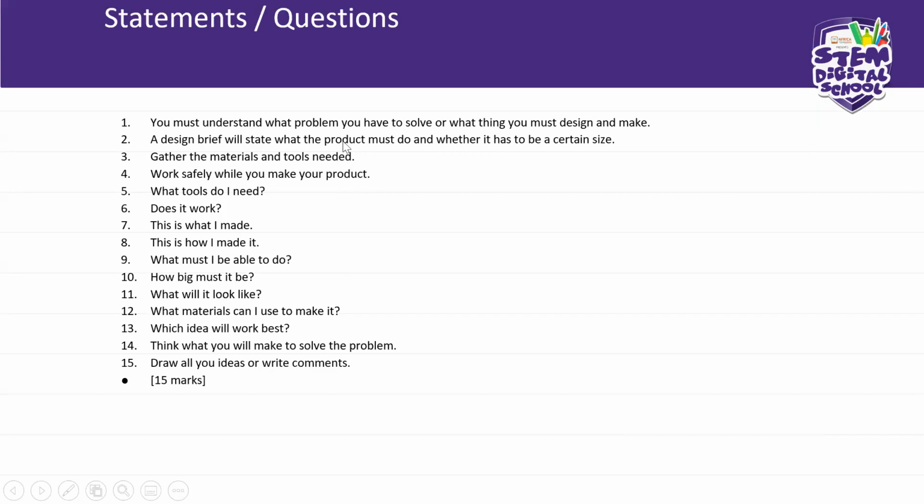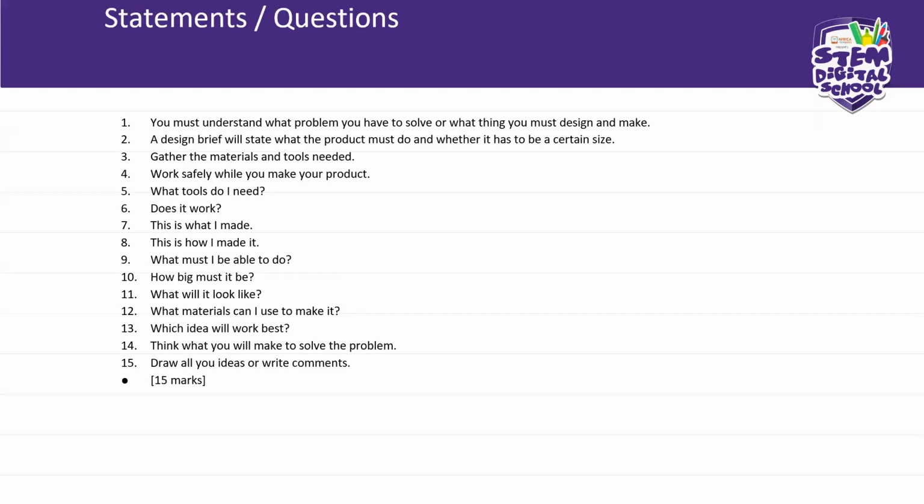Now, which stage of the design process is this? You must understand what problem you have to solve or what thing you must design and make. What stage is this one? I need answers, please. Talk to me.